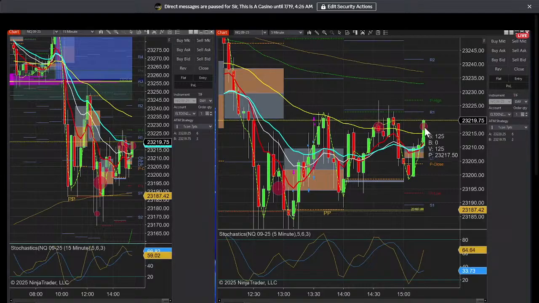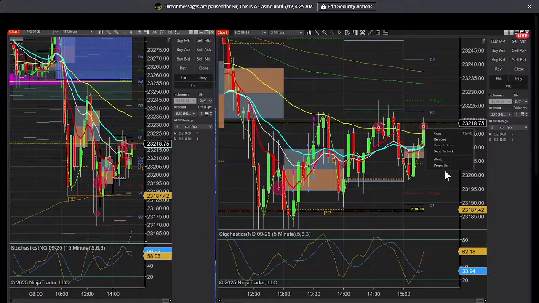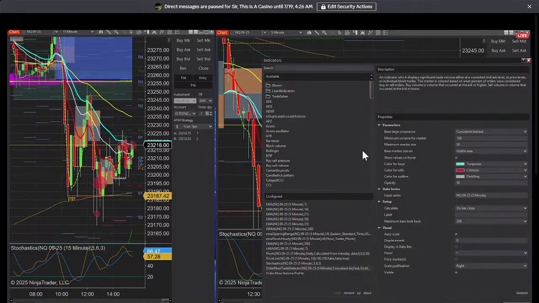And as you can see, there was a bunch of sellers here. But when you're going up, and you see sellers, a lot of times that is just sell to close. Order flow, right there, order flow trade detector.